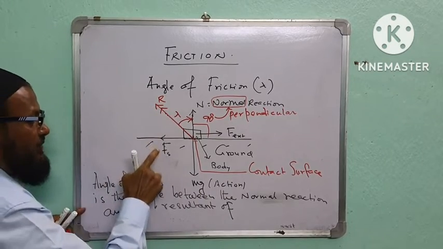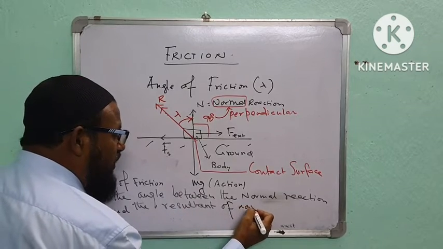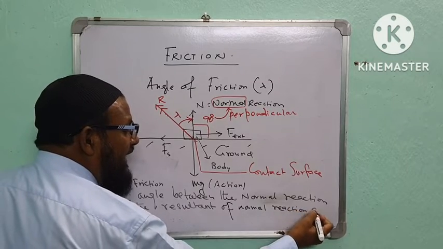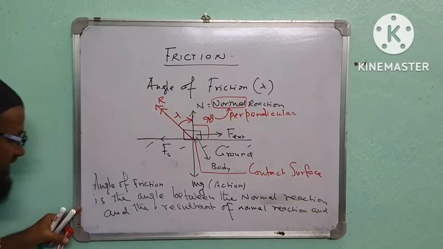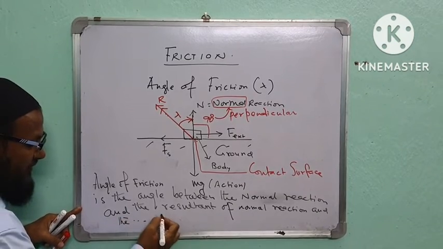R is the resultant of these two, the resultant of normal reaction and the friction.